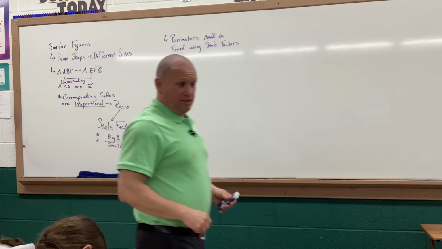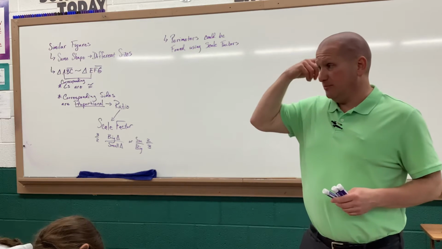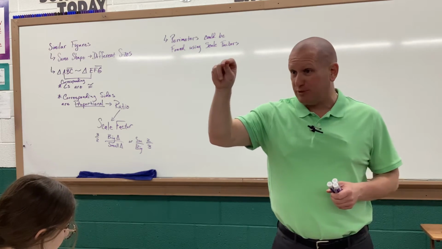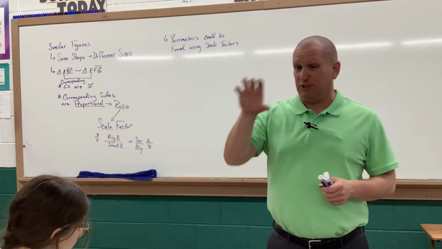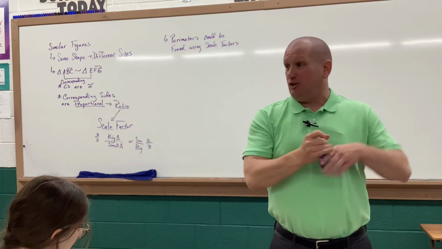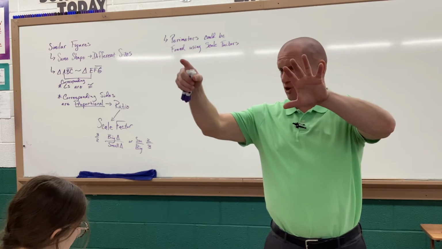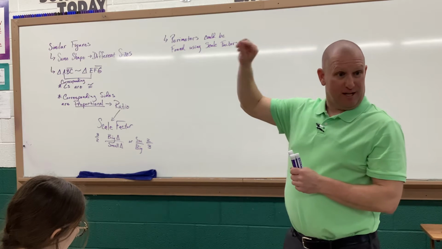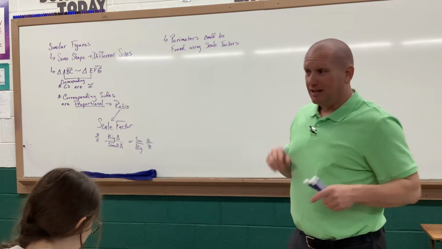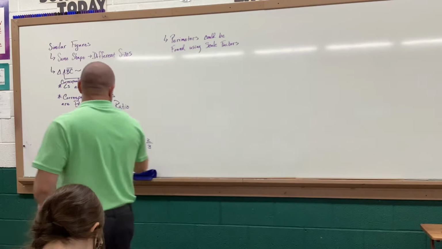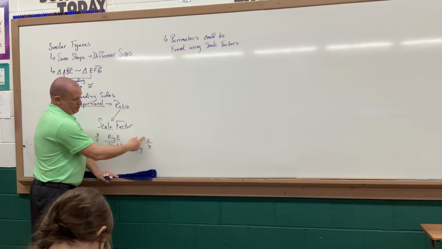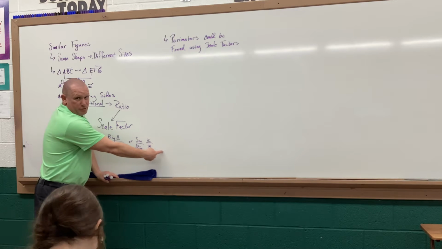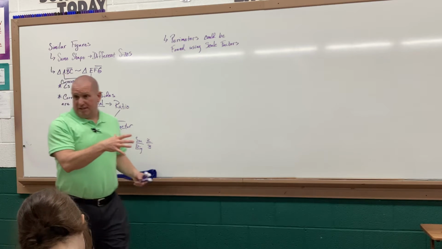We didn't do it real well on this one. So remember, if you have the perimeter of one of your shapes, and they don't give you the perimeter of the other, but you can figure out the scale factor, you can use that scale factor and set up a proportion with the perimeters, as long as you put the perimeter from the small in the same spot, like Cam was saying. So if you're using 2/3, then your small perimeter would have to be on top and your big perimeter on the bottom. Remember when we said that?